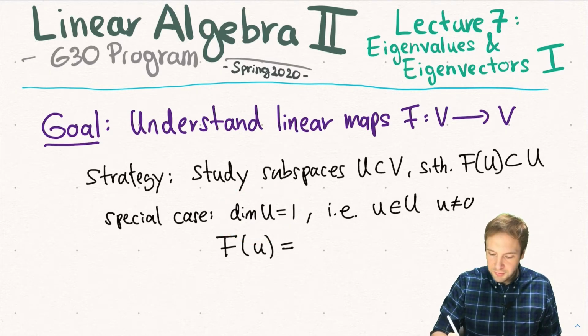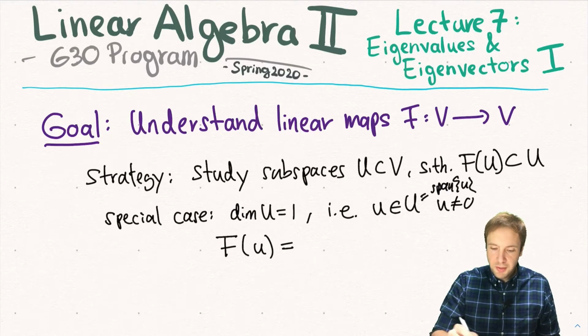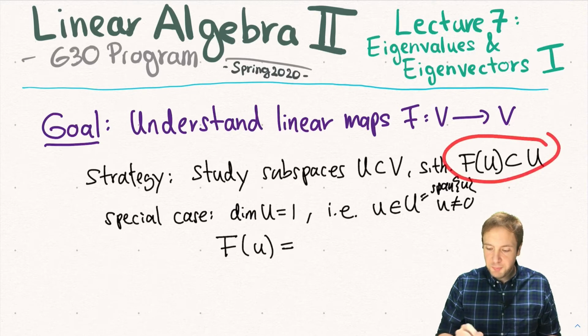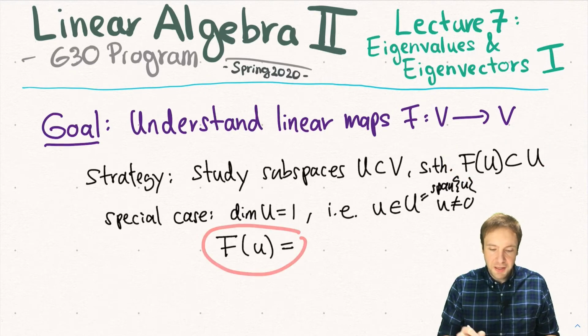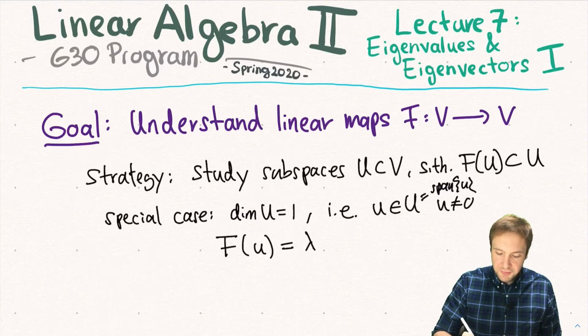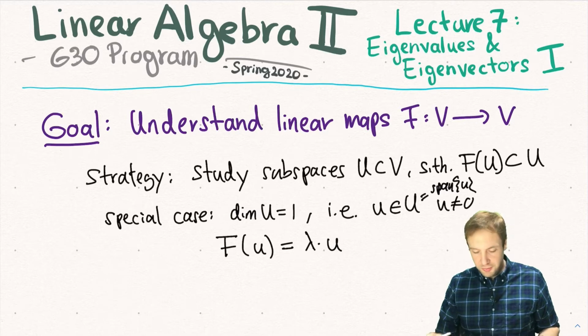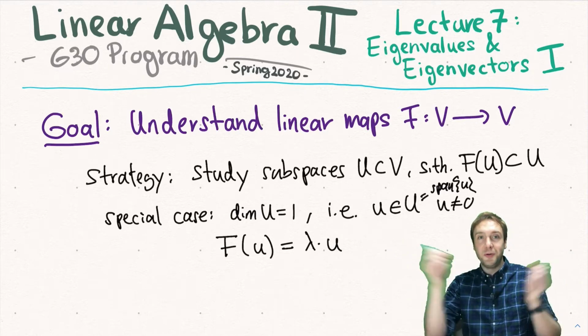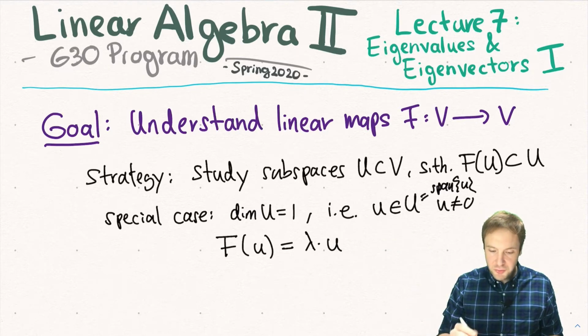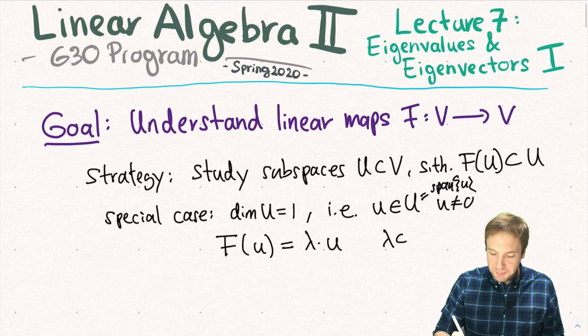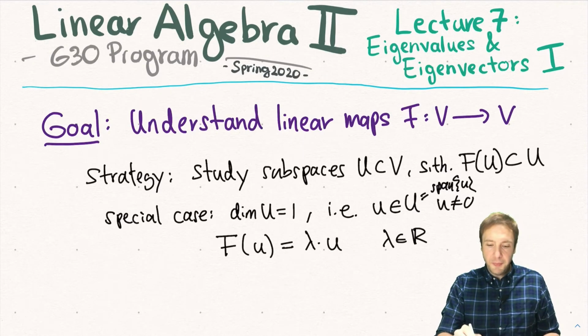So U is the span of u, and if this subspace is invariant under this linear map, this means that f of u is just some multiple lambda times u, so it just gets stretched in the direction of u, and this lambda here is a real number.